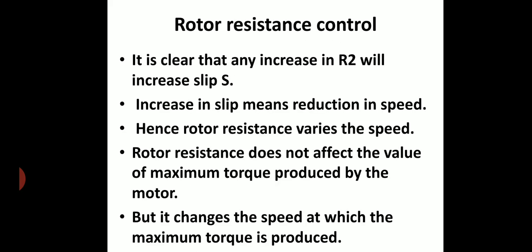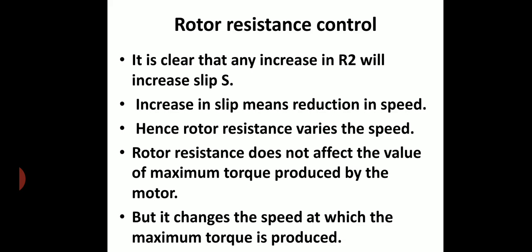So it is clear that any increase in rotor resistance will increase the slip S. Increase in slip means reduction in speed because slip is inversely proportional to the speed. Hence the rotor resistance varies the speed.